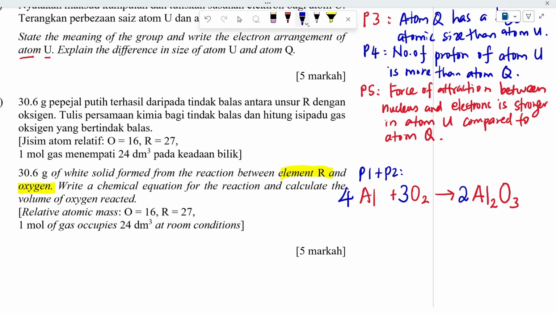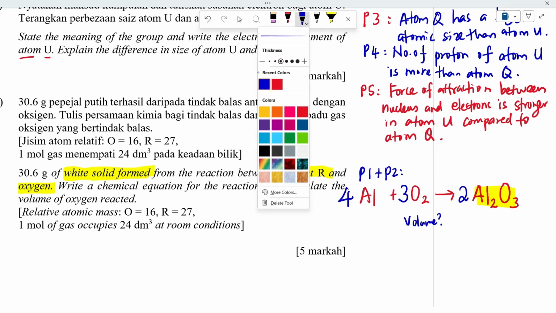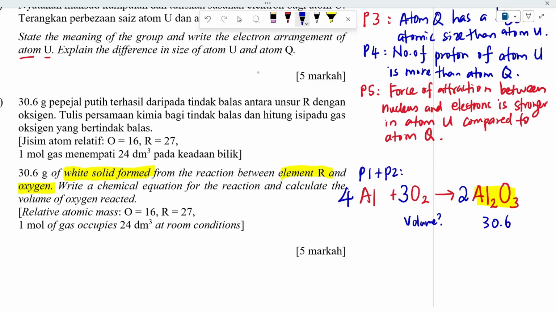Then after that, calculate the volume of the oxygen reacted. Okay, so what is the volume? What is given? The white solid formed. So class, what is this white solid? Yes, it's the aluminium oxide. So what is the mass? 30.6 gram.